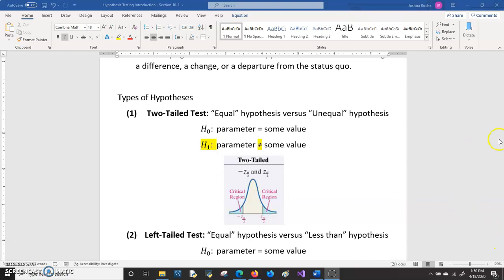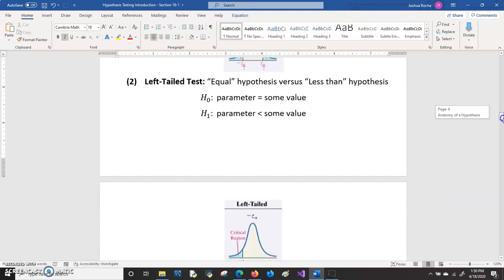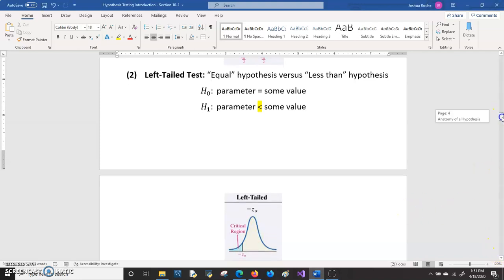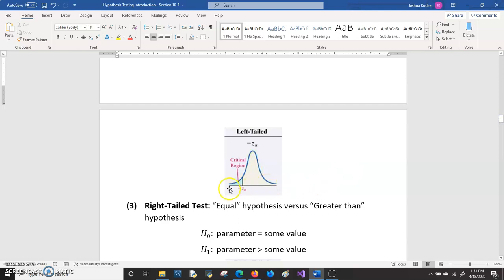Another kind of hypothesis is a left-tailed test. Left-tailed tests involve alternative hypotheses with a less than symbol. And they're called left-tailed tests because they involve the left tail of a distribution curve.